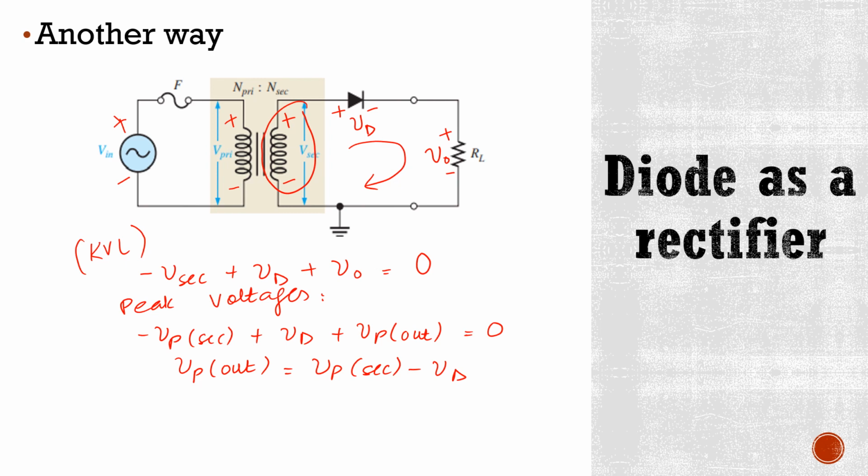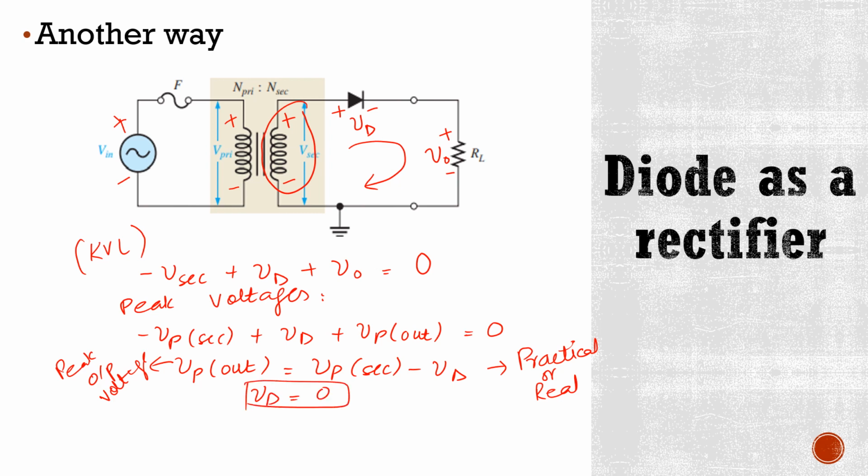So this is the equation of peak output voltage if diode is practical or real. Okay, we know that in case of ideal diode, Vd is equal to 0.